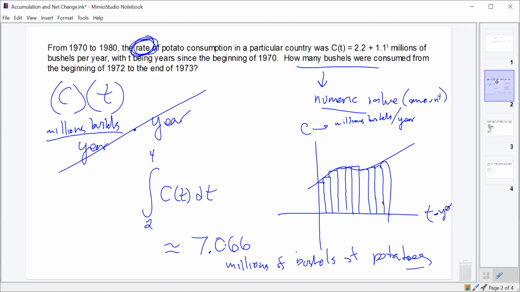Right, and so that's exactly what this would do. Finding the average would be dividing it by 2, and then you'd multiply it by the number of years, which was 2 years, and it just effectively comes out to be this integral that we did to begin with. But yeah, you're exactly right. Any other questions on that? Everybody good?